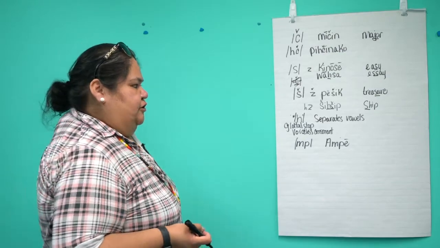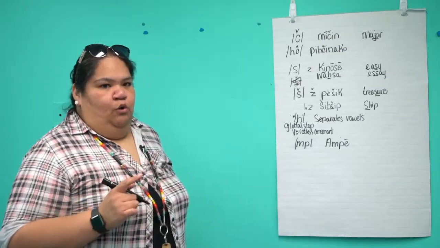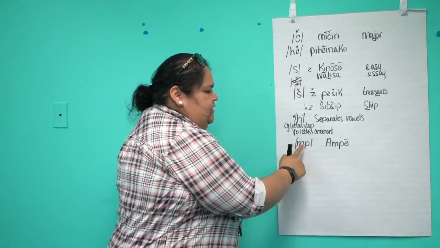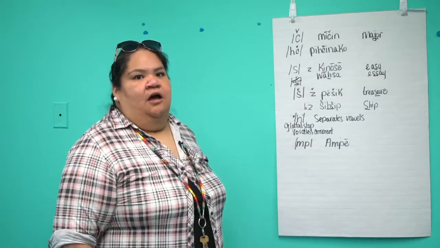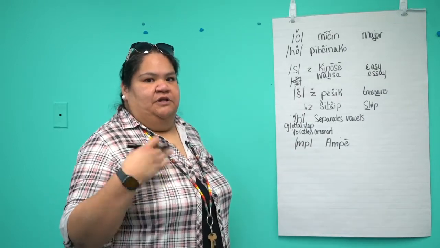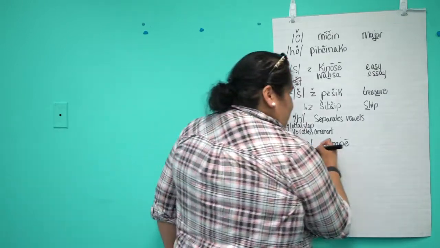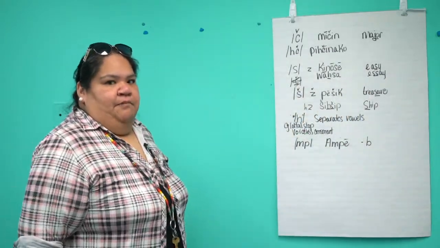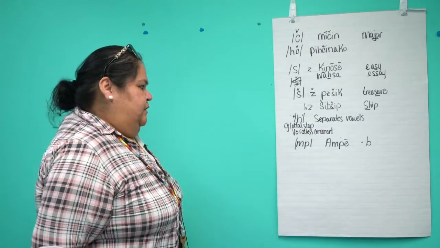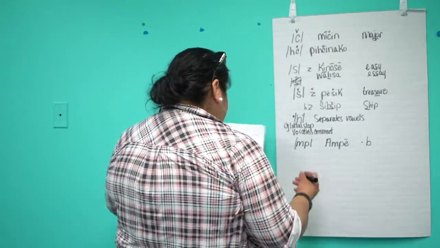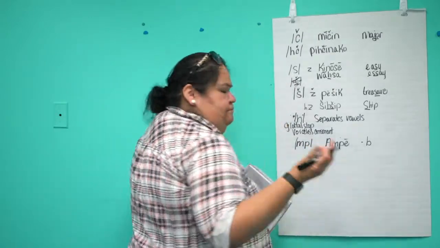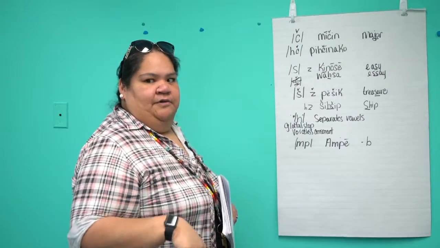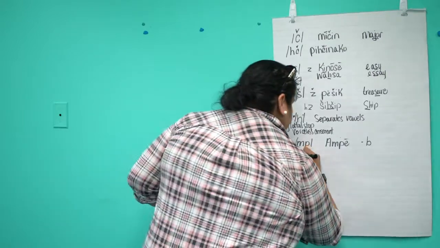So when you're working in SRO, you would know that that MP sounds like umbrella. It does sound like a B. That MP together will make that B sound. Ambe. What does that mean, Ambe? Come. Ambe ama. Come here.